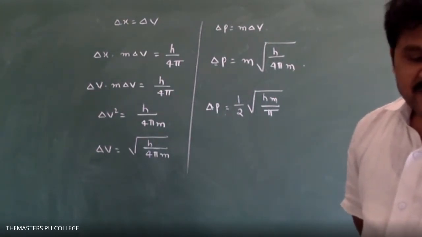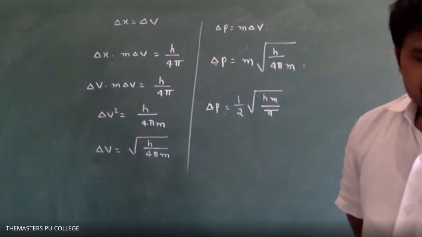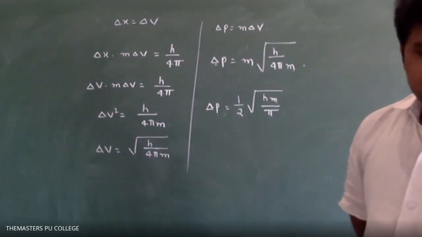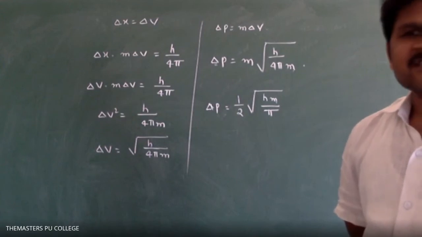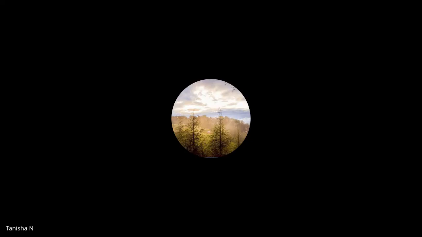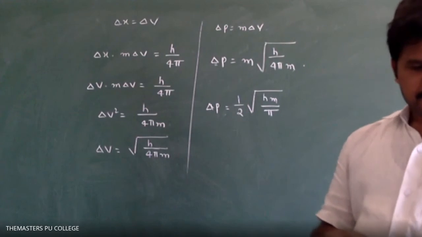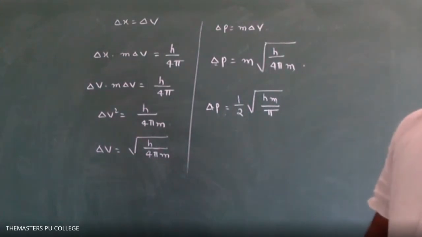What about the remaining planes, YZ and ZX plane? 0. So in the other planes it is 0, that is a nodal plane. So what is the formula for nodal planes? L value. So here the YZ plane is 0.